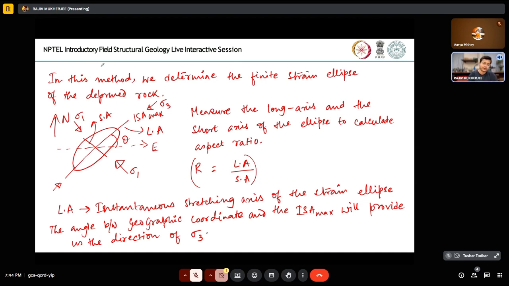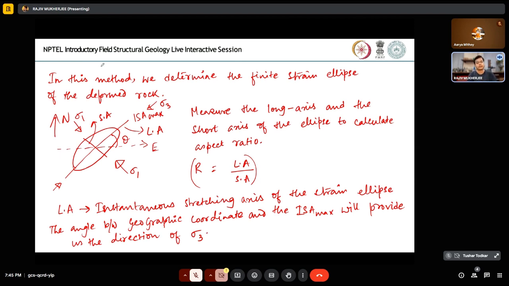Even if it is a rigid object, there will be rotation involved for each of these individual strain markers embedded within the matrix, and therefore due to the rotation they will also accumulate some shear strain, I mean angular strain. So that is not estimated in case of the center to center or Fry method, and that is why we are also not estimating the individual shortening of this elliptical or whatever the initial geometry is.